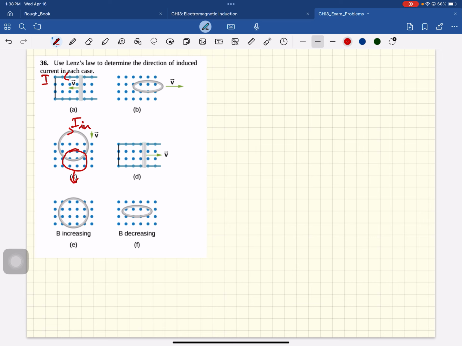Once the entire ring is in the magnetic field, even if it moves, the flux is not changing. The current is induced as long as the flux is changing. Once the entire thing is inside the magnetic field, the flux will stop changing.